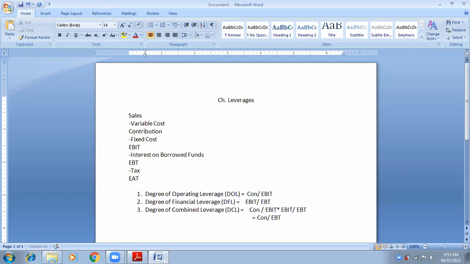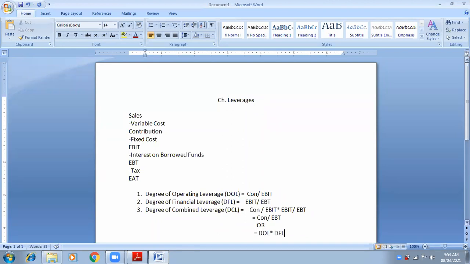Or you have another formula also for calculation of DCL. There is one more formula. Wait, I will tell you. See, what is the formula? DOL multiplied with DFL.